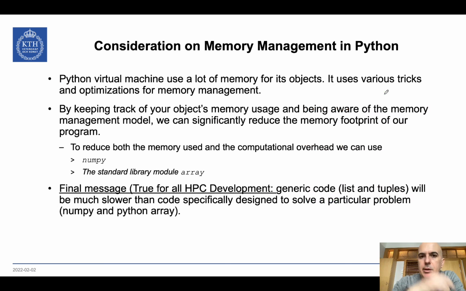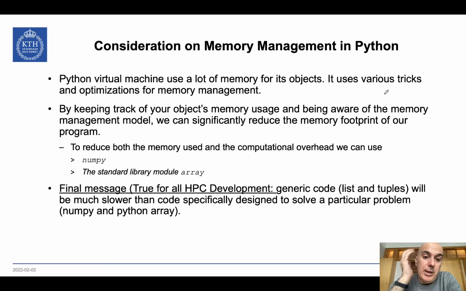A few considerations about memory management in Python. The Python virtual machine uses quite a lot of memory for its objects, but it also tries to employ various tricks and optimizations for the management. By keeping track of the object memory usage and being aware of the cost and how memory is used in Python, we can also understand how to reduce the memory footprint or the implications of certain operations.